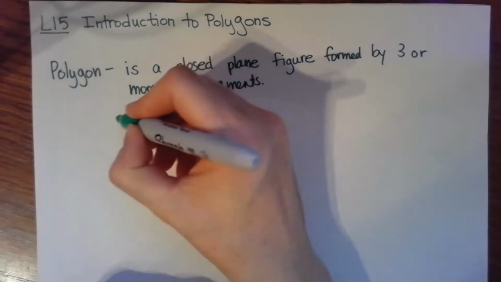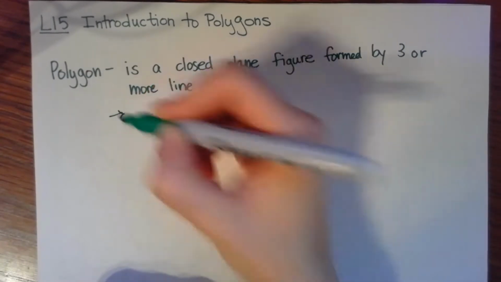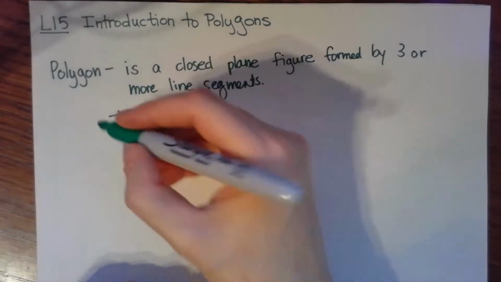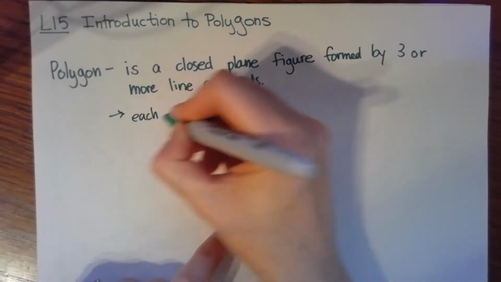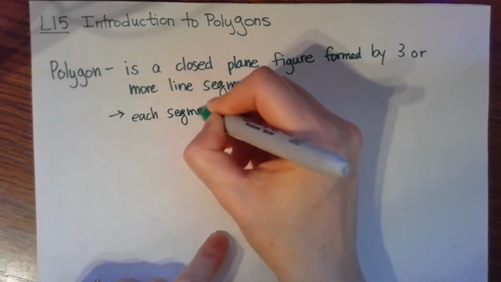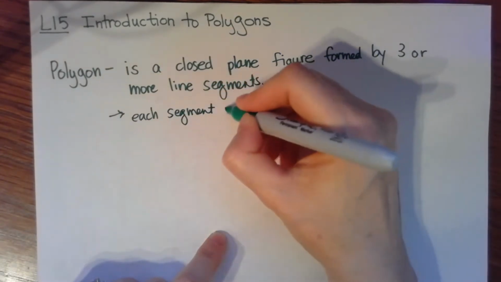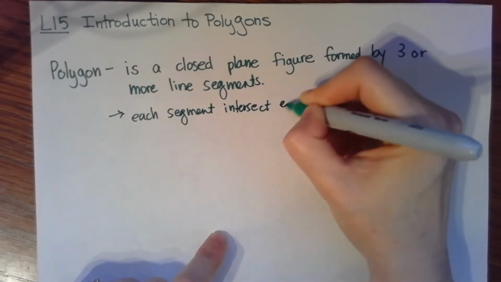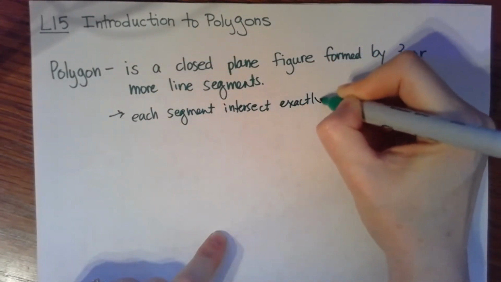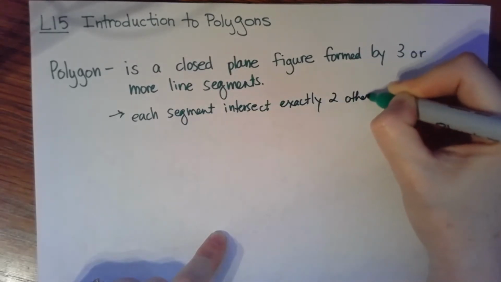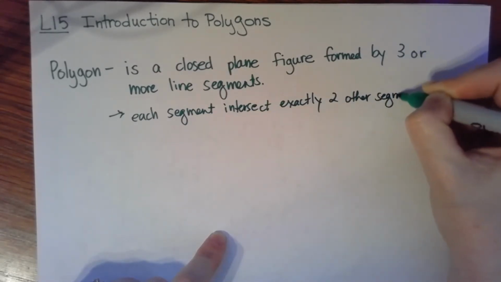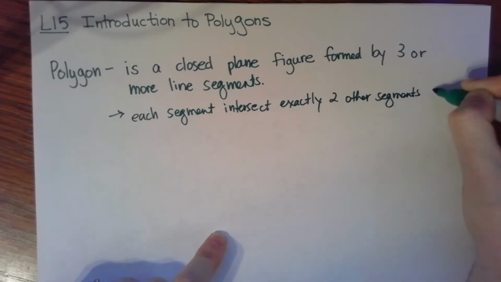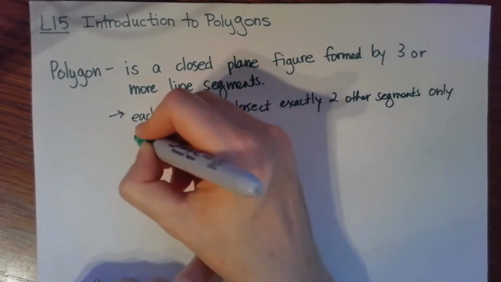Okay, so a couple of characteristics. Each segment will intersect exactly 2 other segments, and only at their endpoints.